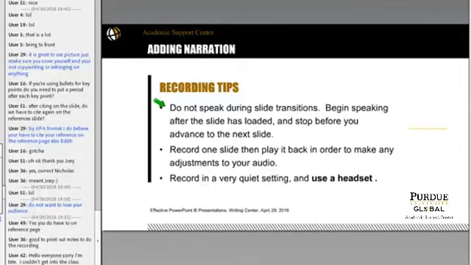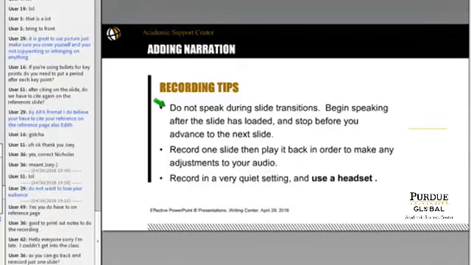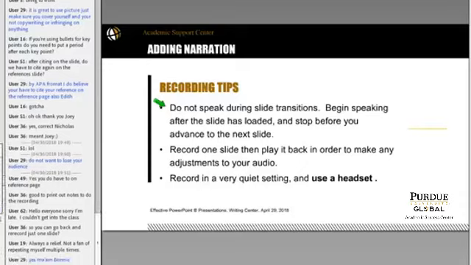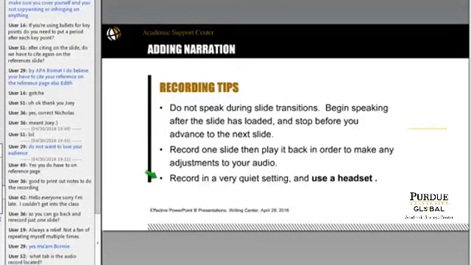You want to talk, stop, then go forward to the next slide. And don't start talking until that slide's loaded, because the recordings are attached to each slide separately. When you produce it, it's just one bulk thing, but when you're making it, each slide is recorded separately.